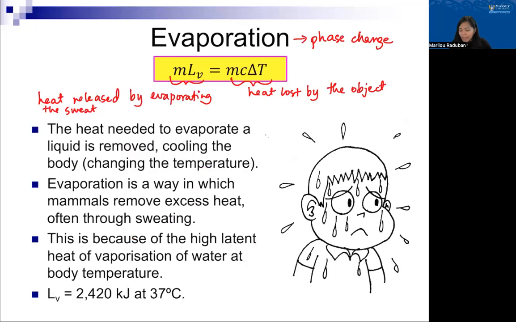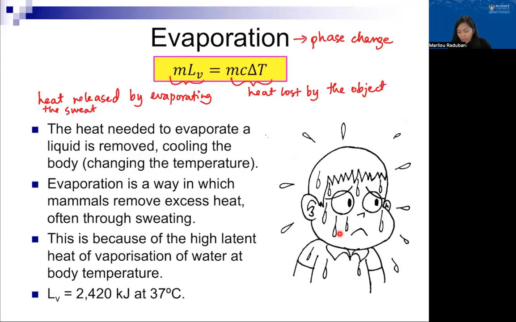All right, so in evaporation, let's just use sweat because it's easy to imagine. You have sweat on the skin. The skin will lose some heat, maybe by radiation or some other means, maybe by conduction. Essentially, the heat lost by the skin will go into evaporating the sweat.